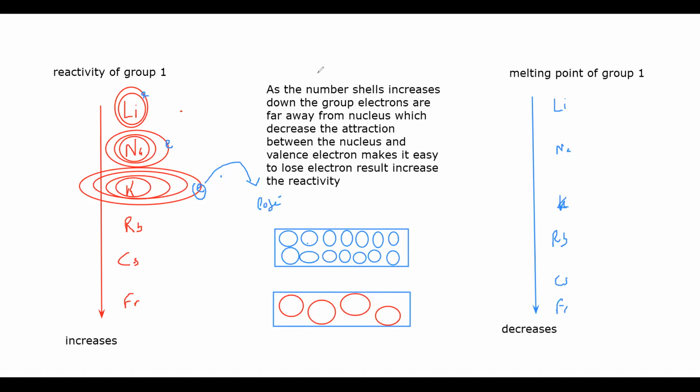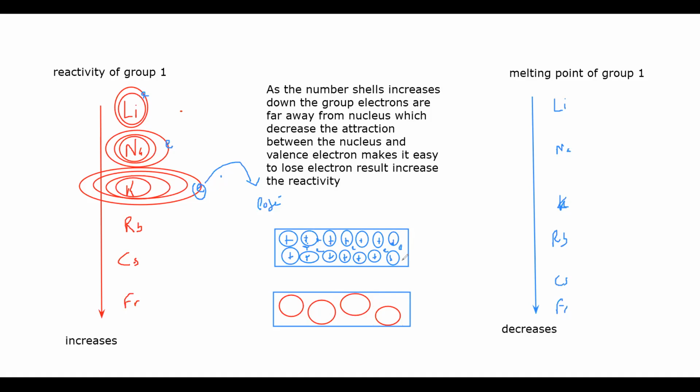And a metallic bond is the force of attraction between the positive ions and the delocalized electrons. Because these positive ions are smaller in size, they will have greater attraction to the electrons.